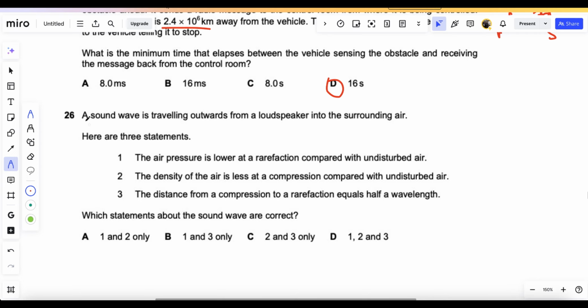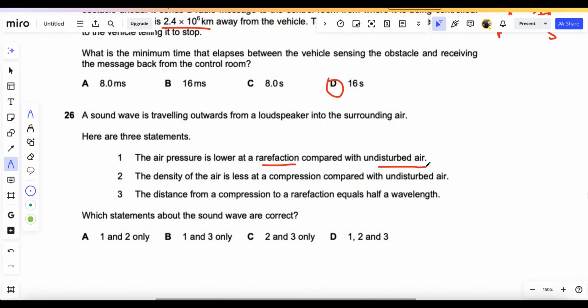A sound wave is traveling outward from a loudspeaker in the surrounding air. Here are three statements. The first one is that the air pressure is lower at a rarefaction compared to the undisturbed air.